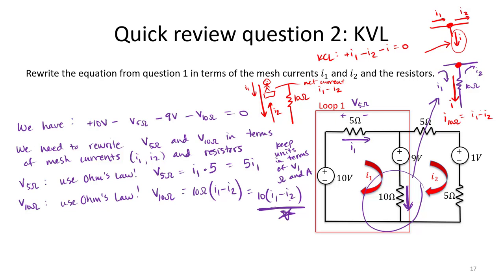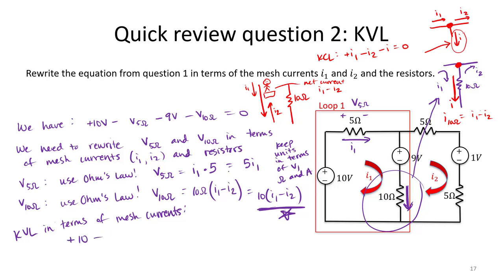Now we can go ahead and rewrite this equation. And so our Kirchhoff's voltage law in terms of the mesh currents, well, that equation simply becomes plus 10 volts, right?